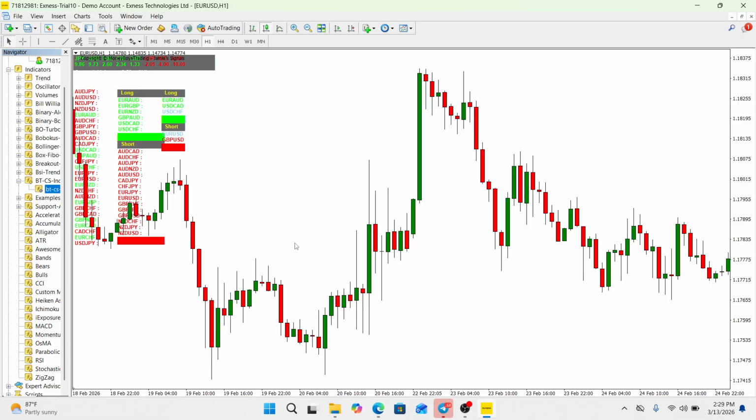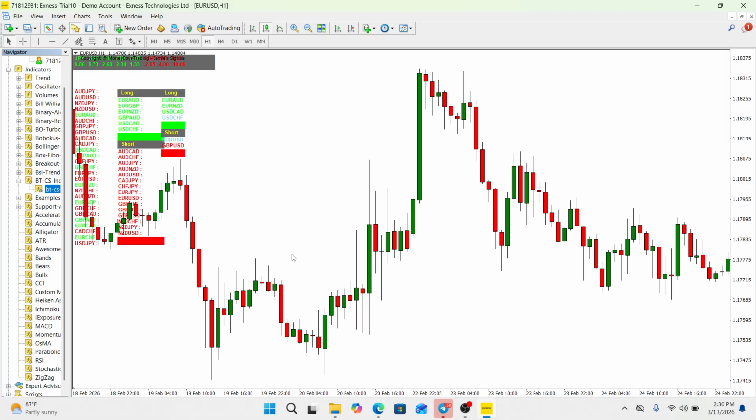As you can see on MT4, the BTCS indicator appears in a separate sub-window, typically as lines, bars, or a simple table, as you can see here, that represents the relative strength of individual currencies or pairs over a chosen look-back period.